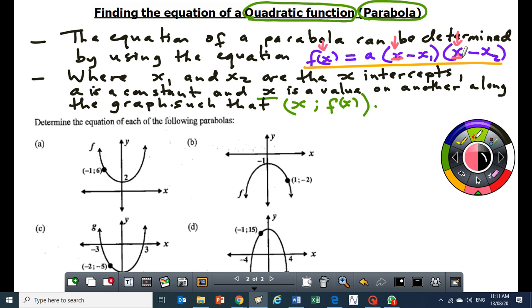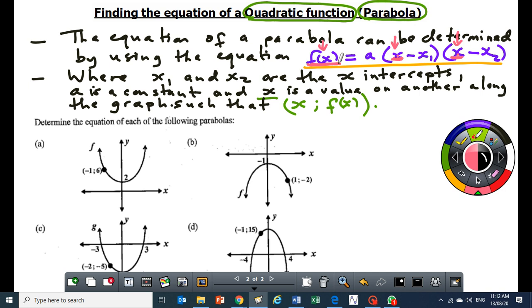You cannot substitute two different values of x here. Whatever x value you put here and there must be the same, and it will have a corresponding y value which will be equal to f of x. Remember, f of x is the same as y.